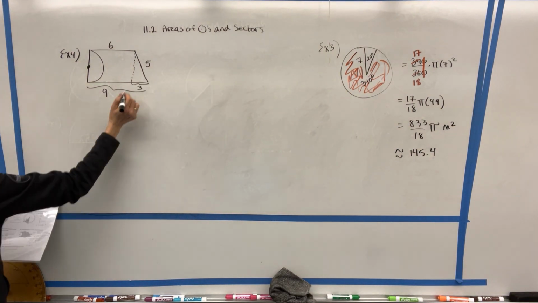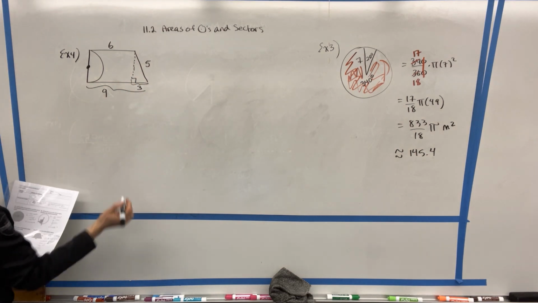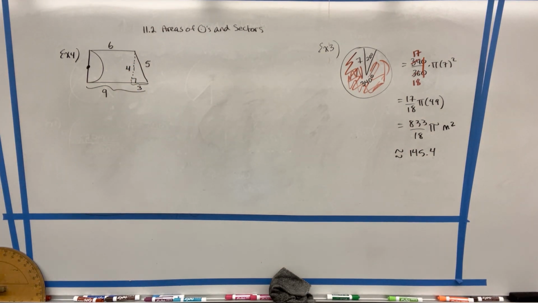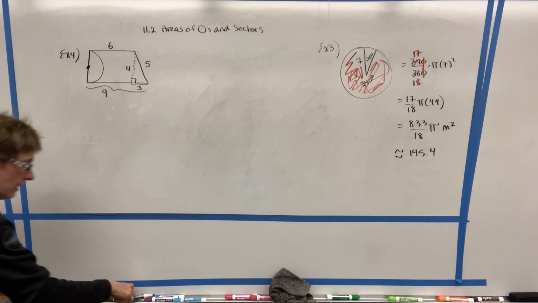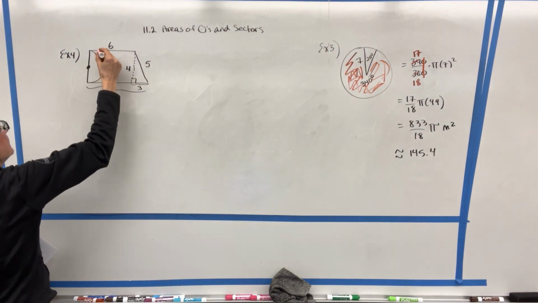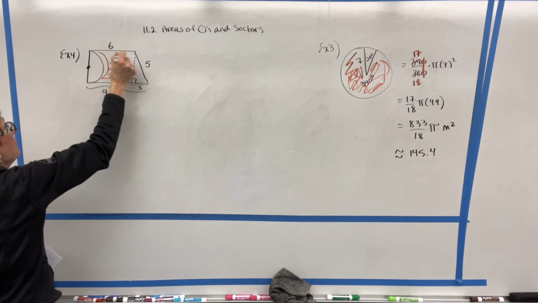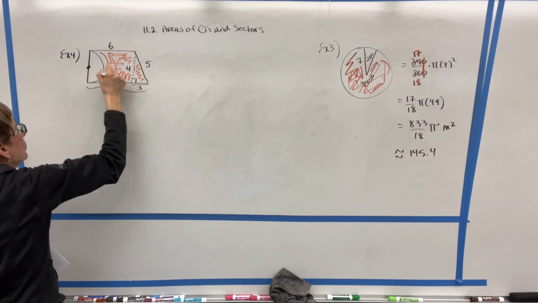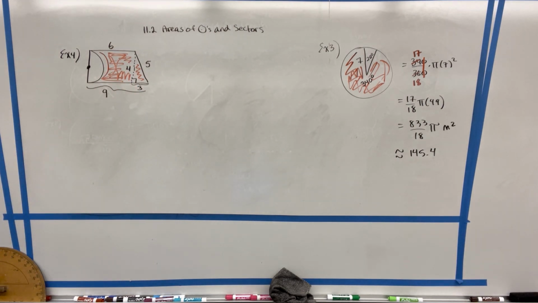Then you want to notice that there's a right angle here, and this is a 3, 4, 5 triangle. Now you could have done Pythagorean theorem if you wanted to, but let's put into words what's going on here. First, I'm going to do some shading. A problem like this would typically say something like, find the area of the shaded region, and everything but half of the circle would be shaded in.